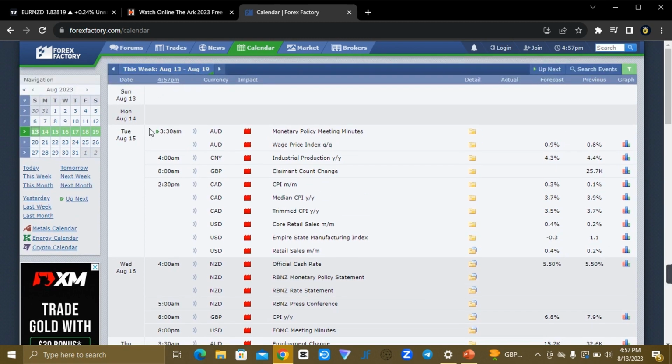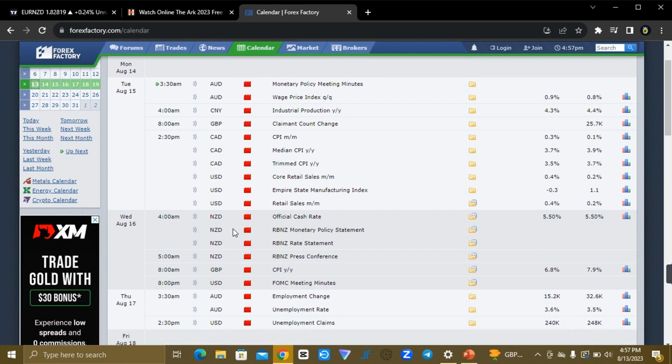Upcoming Monday, the 14th of August, we don't have anything, and then on Tuesday, the 15th, we have the AUD, the GBP claimant count. We're not trading the CAD CPI, and then USD core retail sales, not trading those as well, but those are also very high impact news events with the potential of moving a market in a very volatile way within a very short period of time.